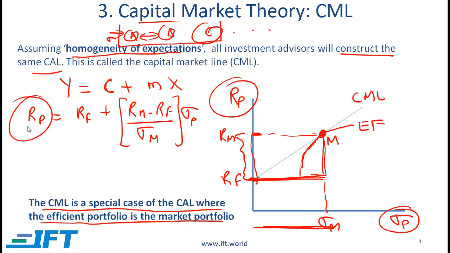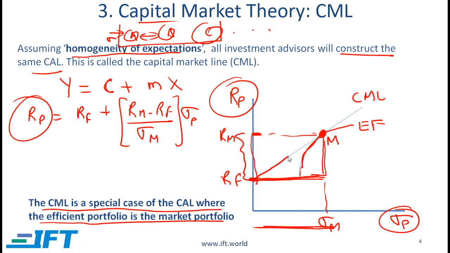The return of a given portfolio is equal to the risk-free rate plus the Sharpe ratio. Note that the slope is actually the Sharpe ratio. It is the excess return divided by the risk, which tells us the Sharpe ratio, and then multiplied by sigma p. This is the Sharpe ratio of the market, or the optimal risky portfolio.